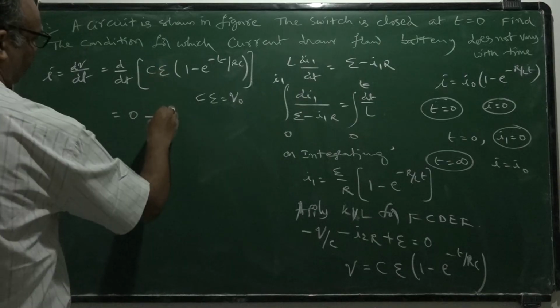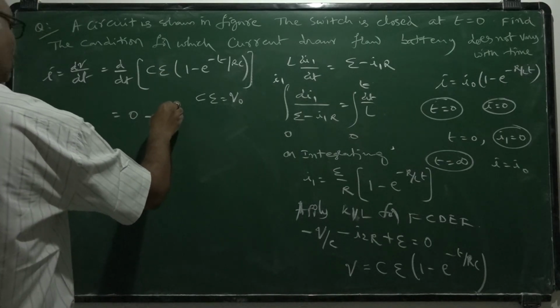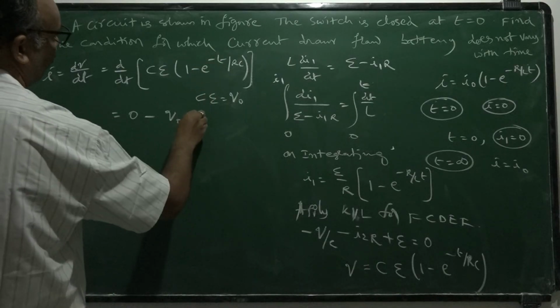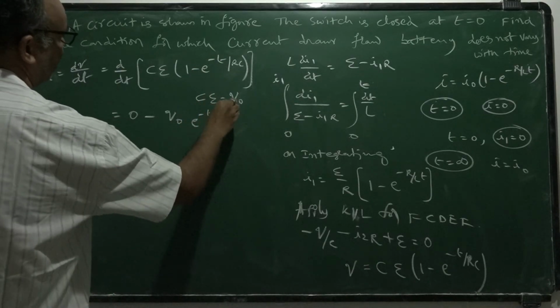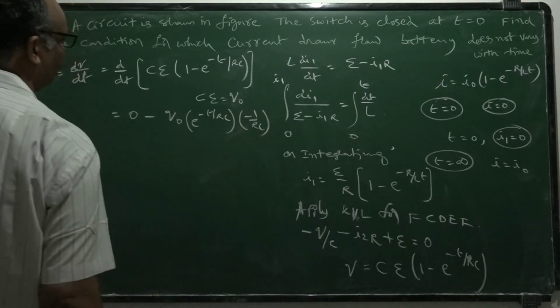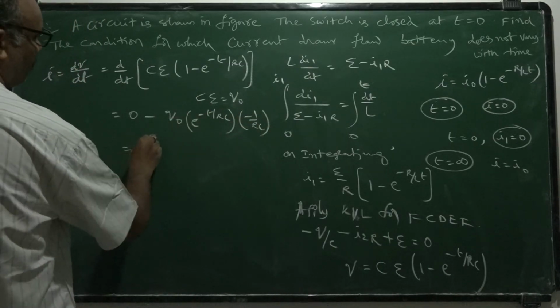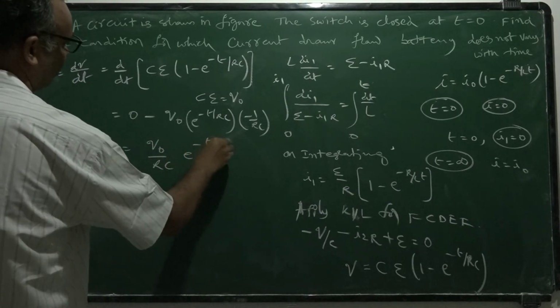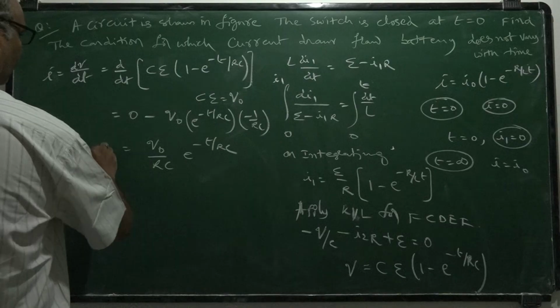Minus Q naught into the derivative of e power minus t by RC, which is minus 1 by RC. Minus into minus becomes plus. So Q naught by RC into e power minus t by RC is the current in the circuit.